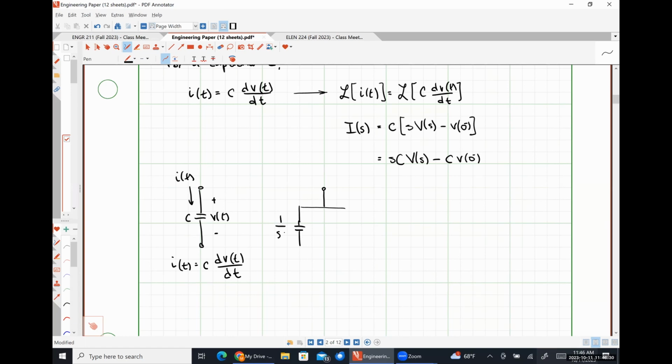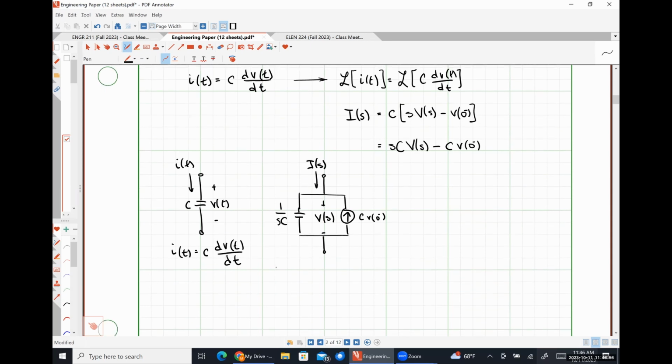So we'll have 1 over SC here. This will be our voltage V of S. This is our current that is equal to C V at 0 minus. Here is our current I of S. And again, this relationship is simply I of S is equal to SC V minus C V naught.